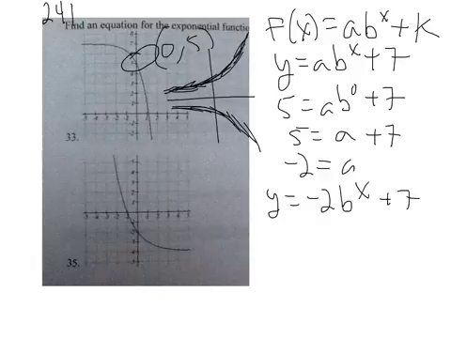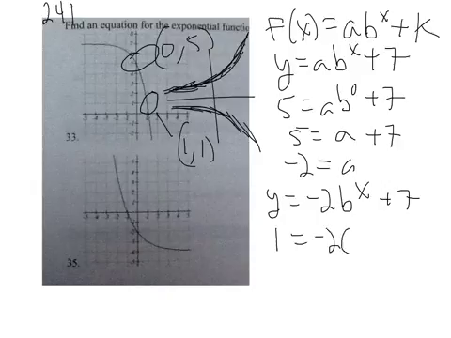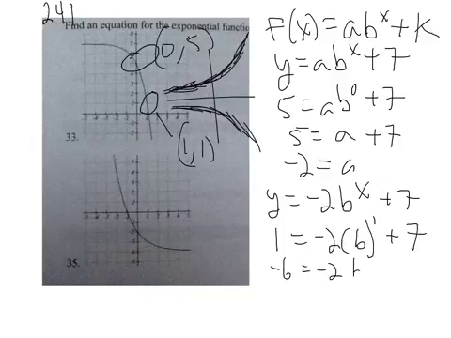And now we need to pick another point. I think (1, 1) works pretty well, and this will help us find b. So y is 1, negative 2 times b to the first plus 7. I'm going to subtract 7, which gives me negative 6 equals negative 2 times b, because b to the first is b.